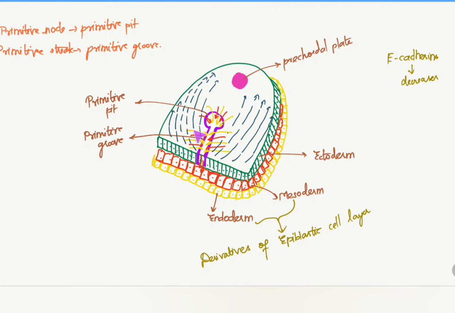So it is clear that the process of gastrulation is more active on the caudal part than on the cephalic end. But naturally, as time passes, the caudal end starts losing cells and the cephalic end starts gaining cells. So as time passes by, the cephalic end appears larger in size and the caudal end appears smaller.